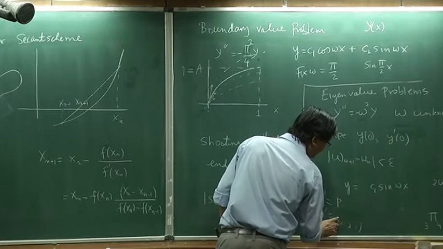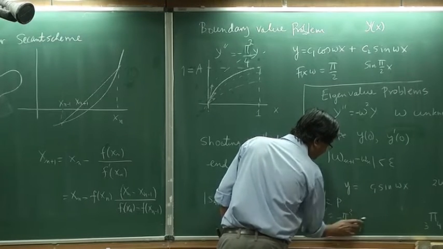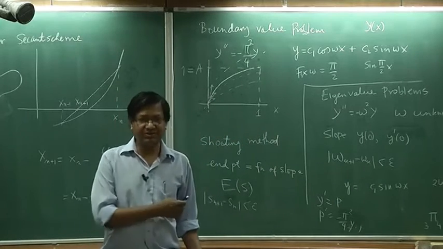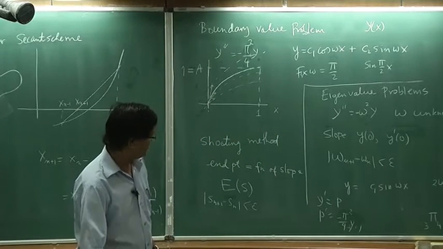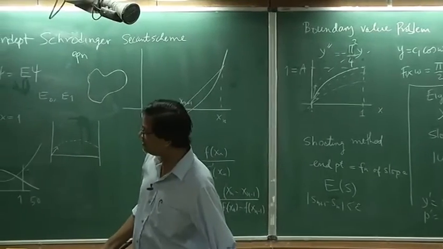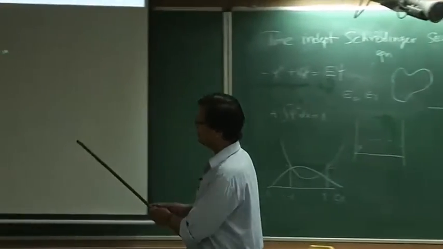So this is here minus pi squared by 4. So we did this before, no. I have to solve two first order ODEs. So this is how I solve it.